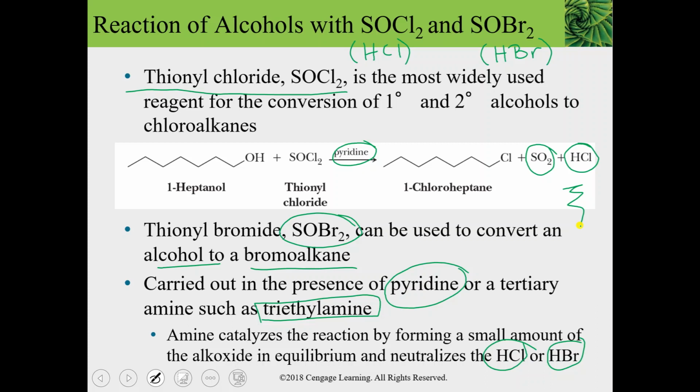We get just enough alkoxide to neutralize this so it no longer wants to interfere with the primary reaction that we're trying to get. The primary reaction we're trying to get is to get rid of this and add this. If this is neutralized, it won't interfere with that reaction.